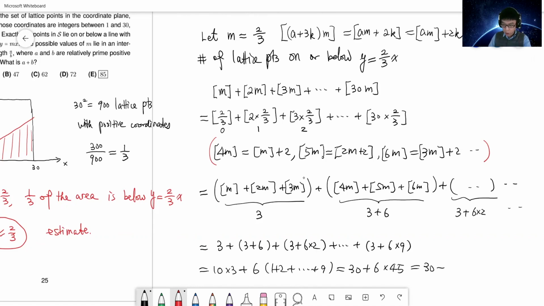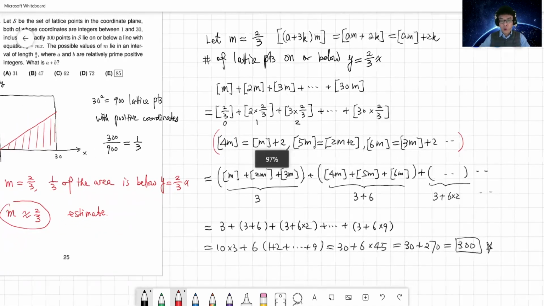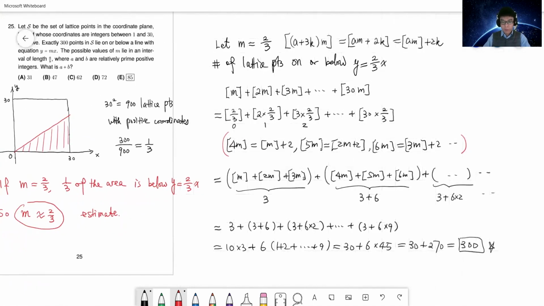This is 30 plus 270, which is 300. We have exactly 300 lattice points on or below y equals 2 over 3 x. Okay, that means 2 over 3 is the minimum valid slope. Okay, let me first state, of course, there are lattice points on the line.